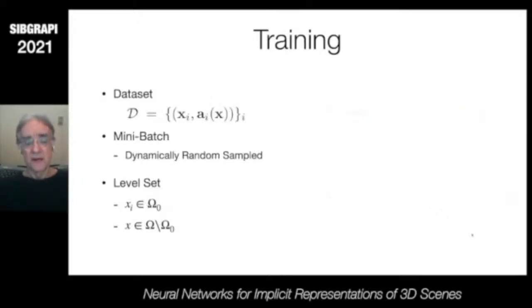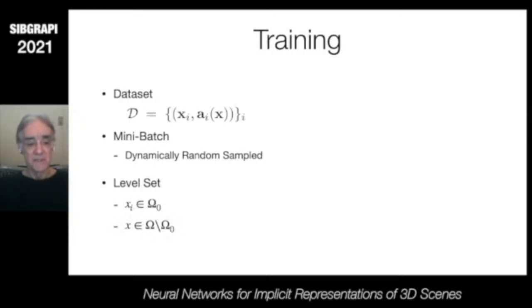And now, to finalize, we have to discuss how the training is done. So to train, what is done is that we divide the data points into points that are on the surface and points that are outside the surface.